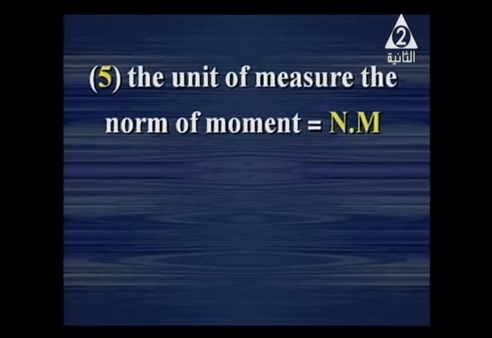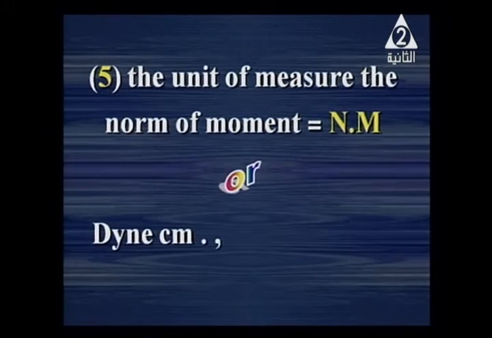Number 5, the unit of measure. The norm of moment is in Newton meter. What is the N? N is Newton, the unit of the force. Meter, the unit of the R. Or dyne centimeter.